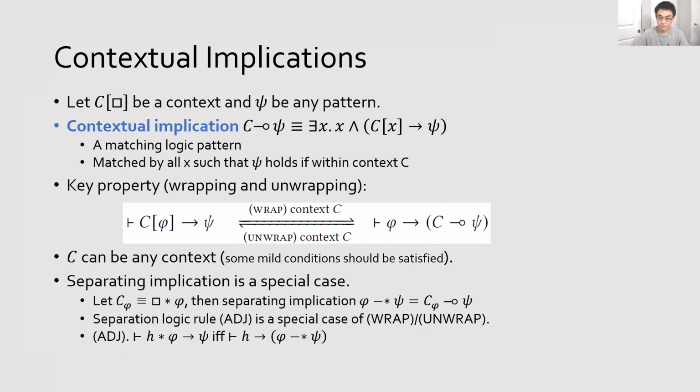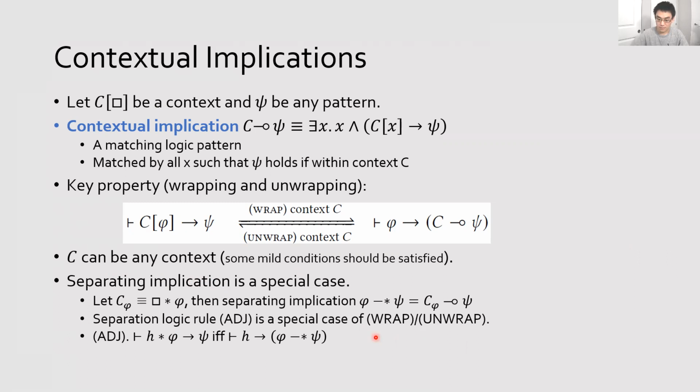So what's interesting here is the context C can be any pattern. It can be a heap context, it can be a configuration context, it can even be a logical constraint context. This makes contextual implication and its wrapping unwrapping rules very general. In separation logic, there is a construct called separating implication, also known as the magic wand.